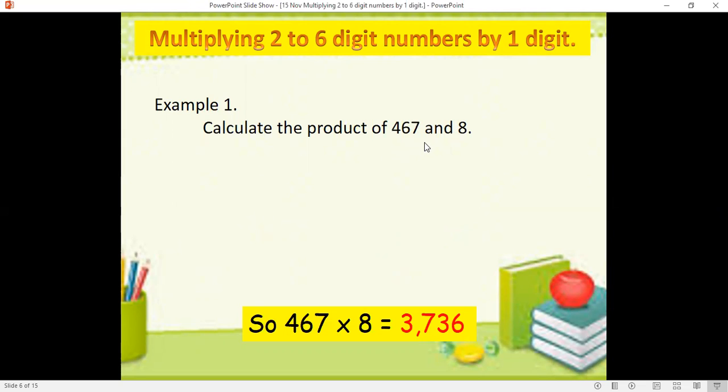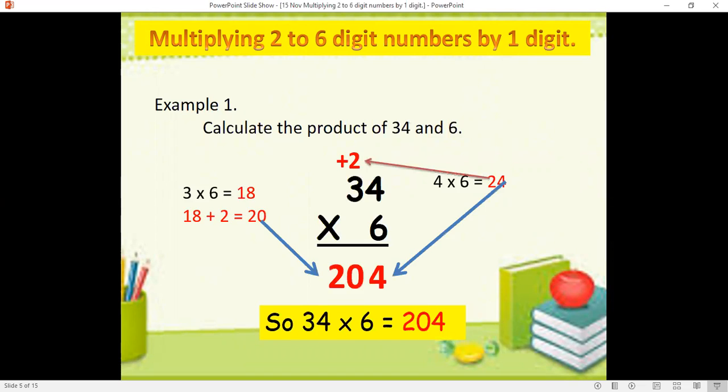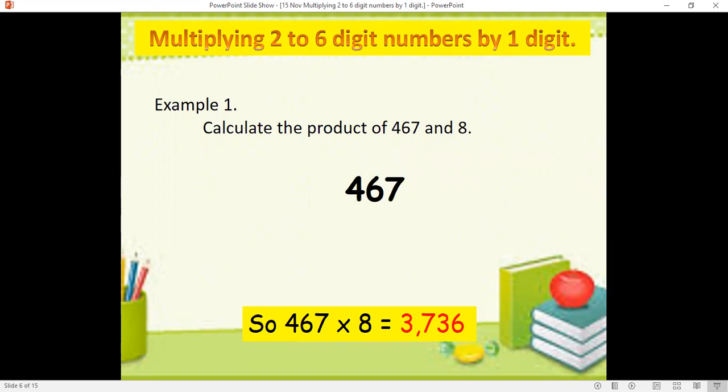Calculate the product of 467 and 8. So 467 times 8. Now, the answer will be 3,736.